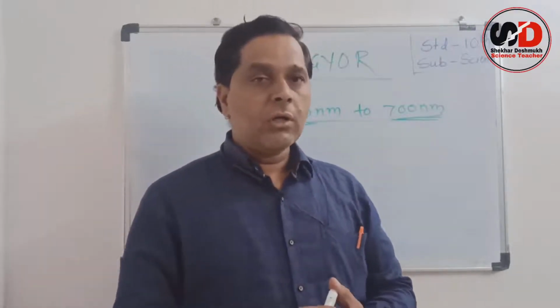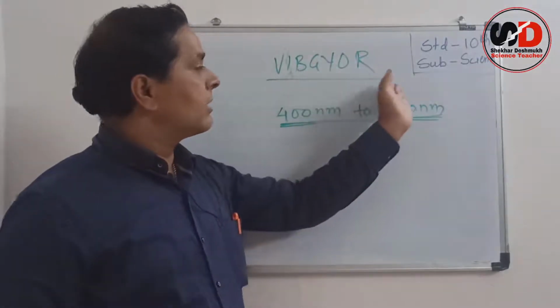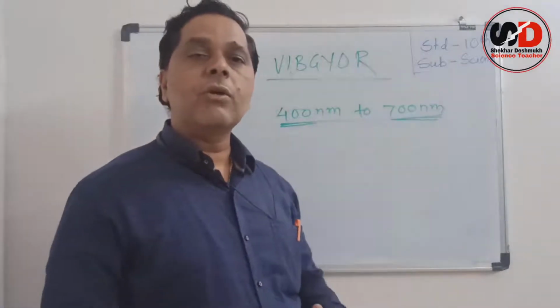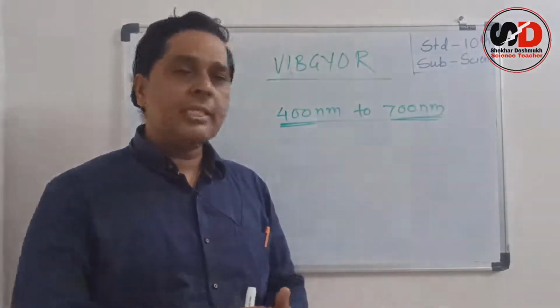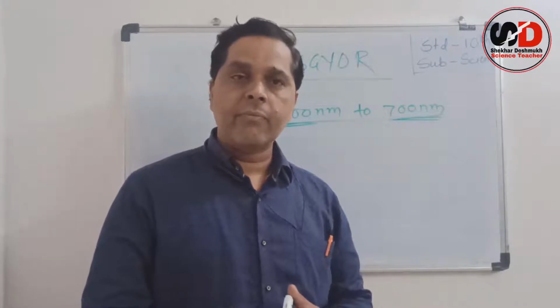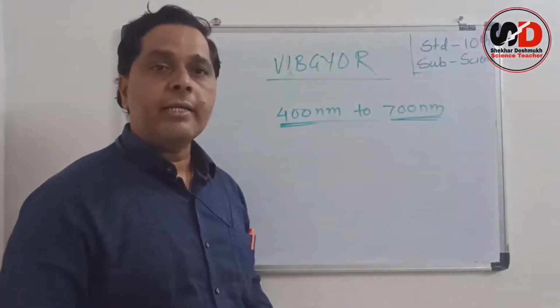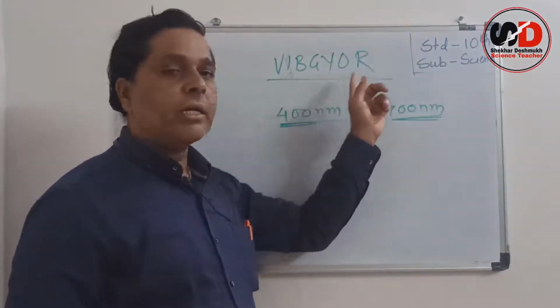And therefore, the velocity of all these colors is the same in case of vacuum. But whenever this light enters into another transparent medium, then the velocity of light is different for different colors.